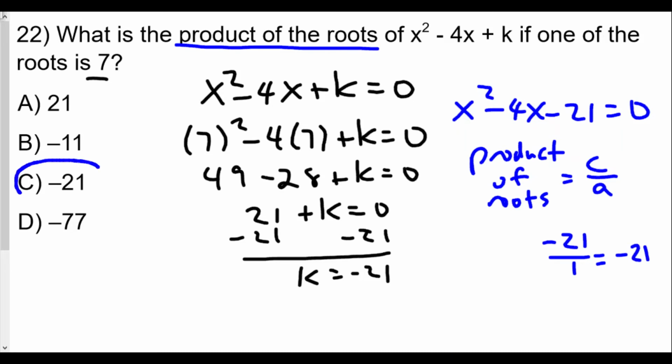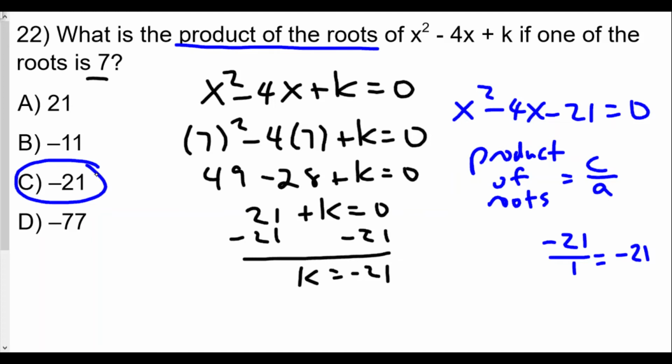Be very careful when you see a problem like this, because it's not always the number you find that they're asking for. It worked out nicely because the product of the roots and k were the same thing. If you have the sum of the roots and b, it might be the opposite, because in this case, the sum of the roots is negative b over a. So it's not necessarily finding the answer for b.